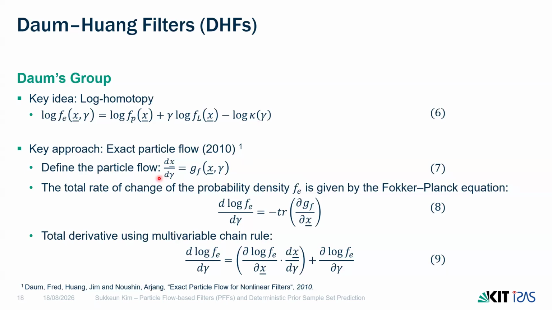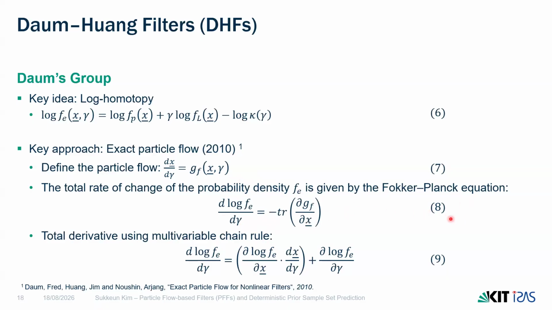We want to define the particle flow as dx, the change of the state with respect to gamma, as g f. This is what we call the particle flow. Again we start with the total rate of change of this probability, which is given by the Fokker-Planck equation.